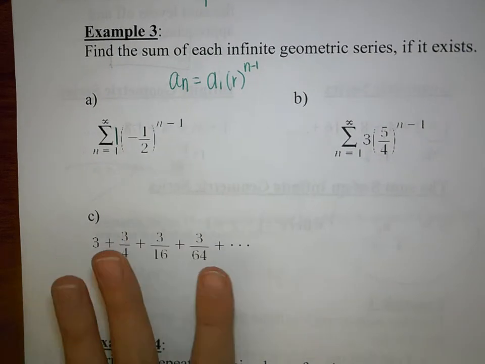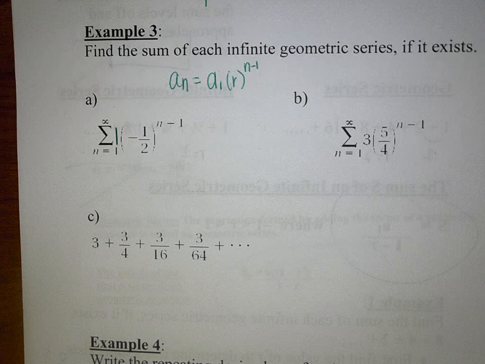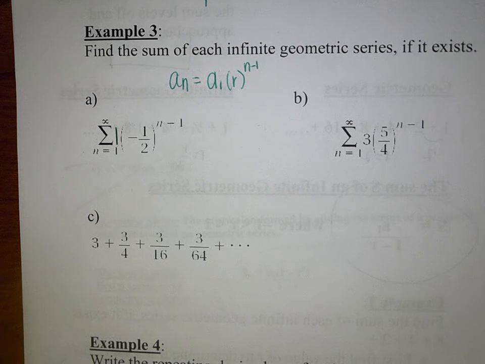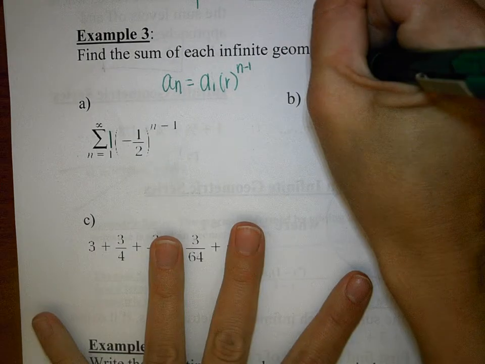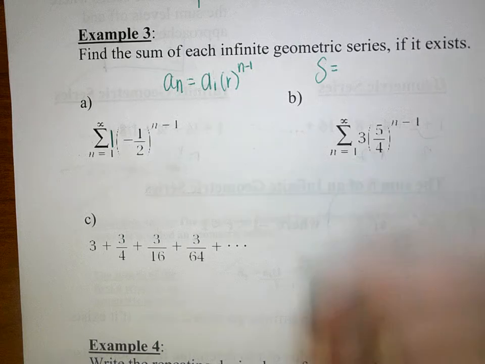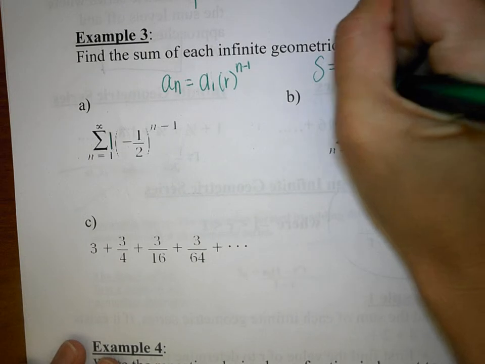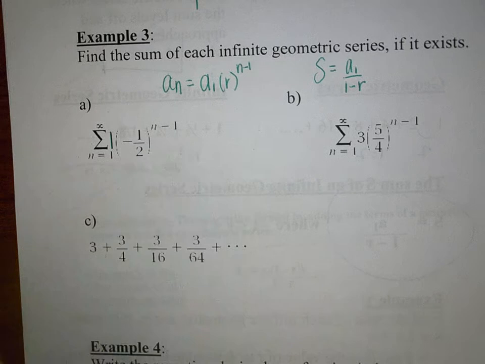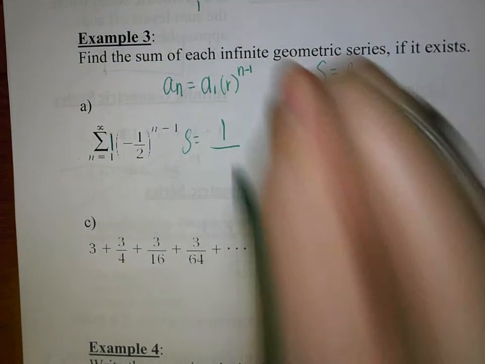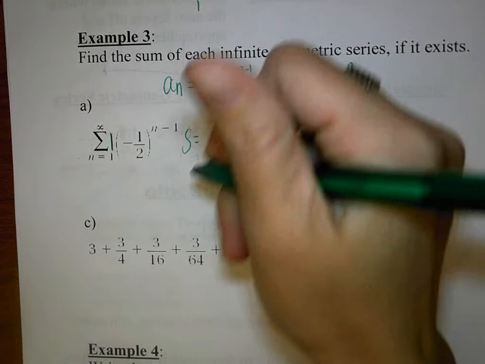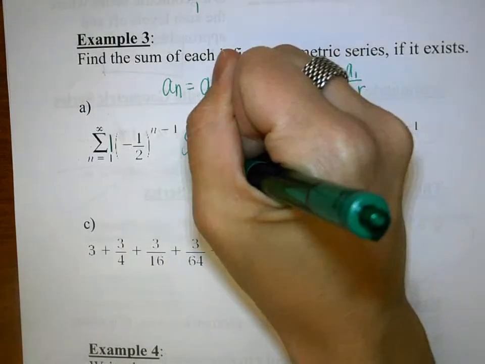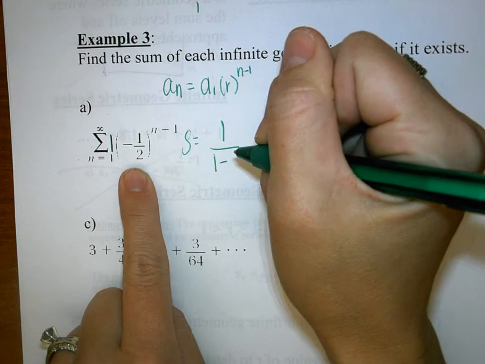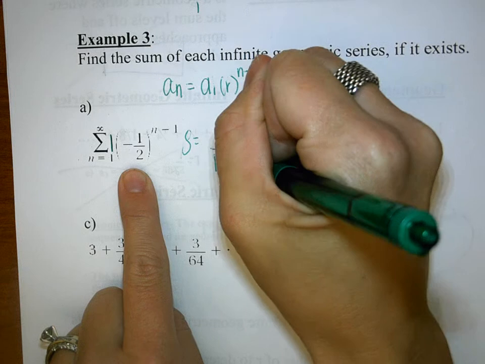So will the sum exist on A? Yes. So my sum formula, if you need to go back, is a_1 over 1 minus r. Perfect. So that means my sum for this one will be 1 over 1 minus, and my r is -1/2.